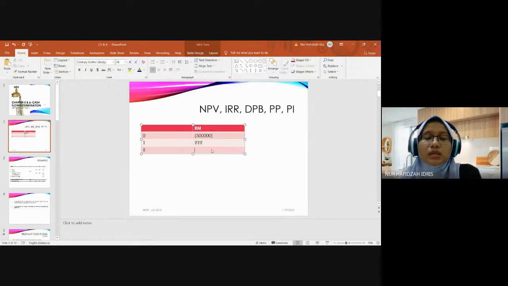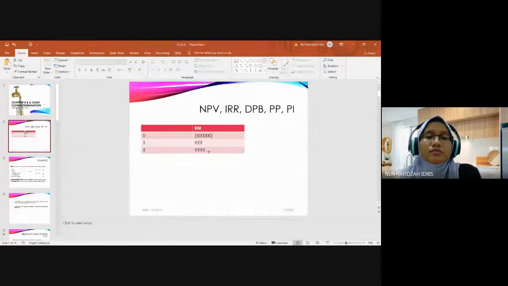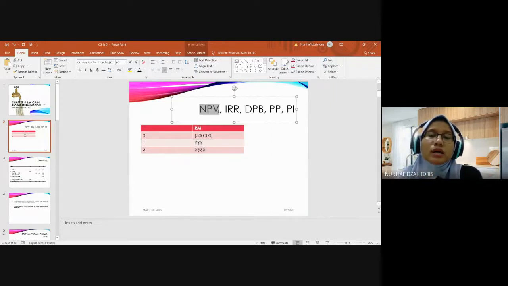Cash flow determination means you need to identify what will be the cash flow for this particular project. After you have identified this cash flow, then you need to calculate its net present value and internal rate of return. After that, only then can you justify whether you want to buy or not to buy this particular asset.